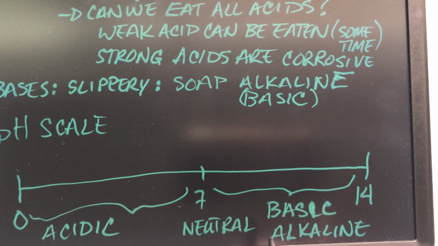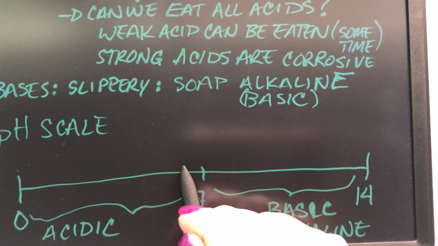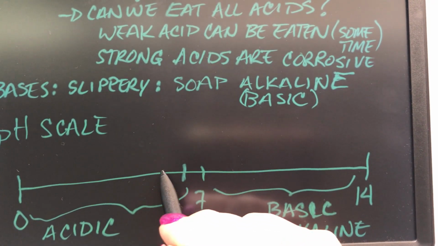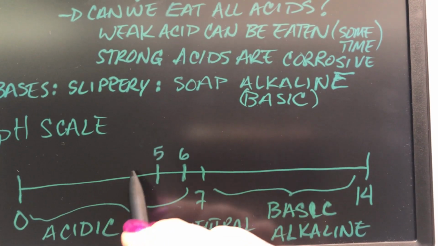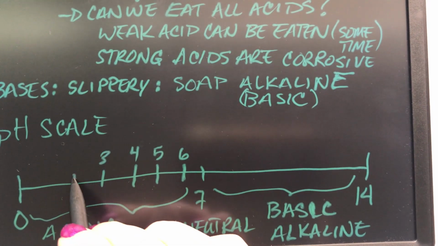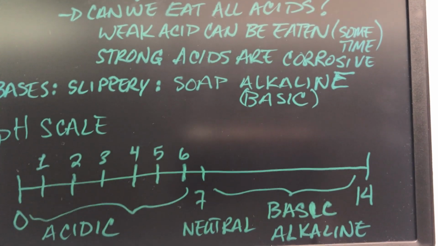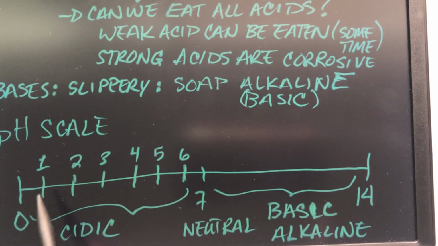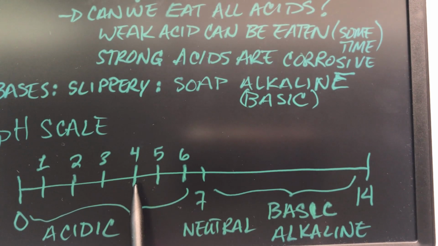So, a couple other things before we move on from the pH scale. I just want to talk about the language that we use around going from one pH unit to another. If we were going from a pH of 1 to a pH of 4, are we getting more acidic or more basic?